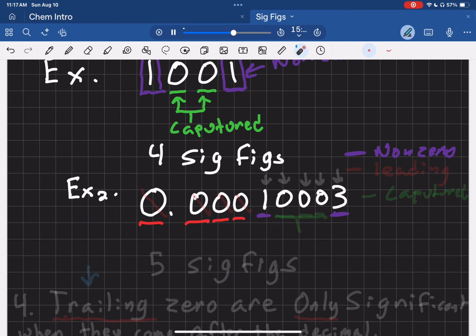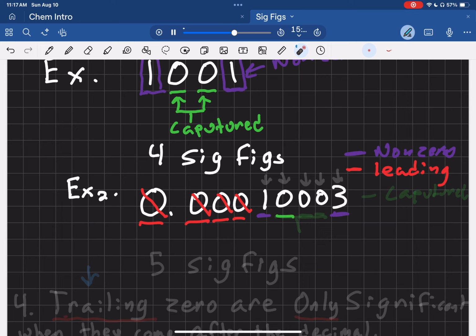And then we have to be able to identify what kind of zero those are. Well, that's rule 2 because these are all leading zeros. And as we talked about before, leading zeros are not significant. So we don't count those. So I'm going to put leading zeros so that we know what the red means. And then we have another set of zeros over here, another classification, and that's these guys right here. That one, and that one.